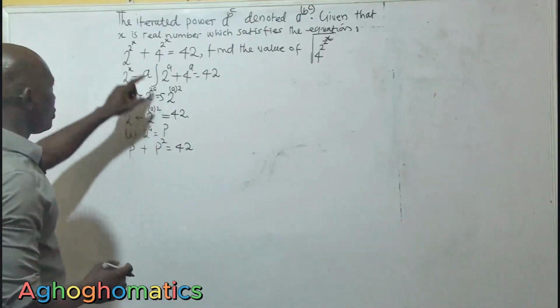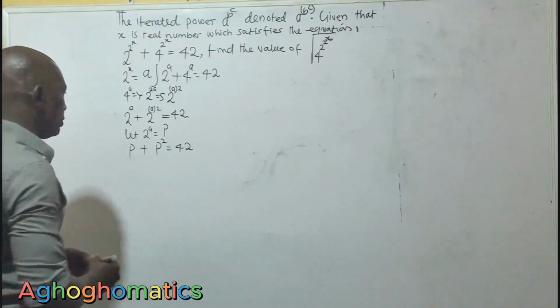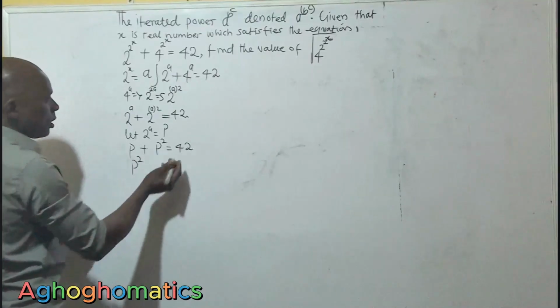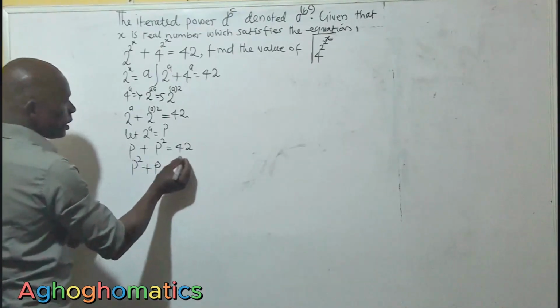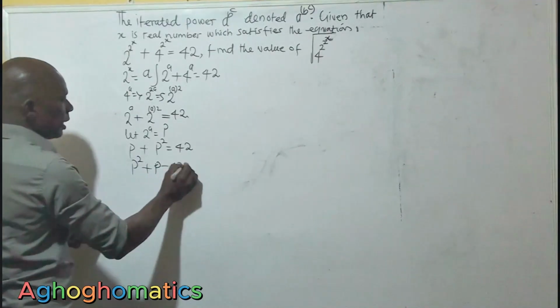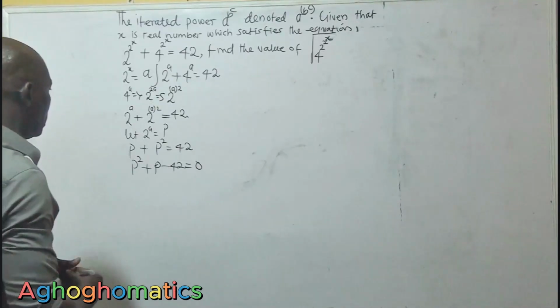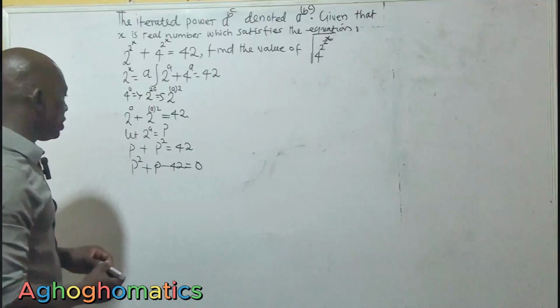You can see that we'll be able to transform this into a quadratic equation. So this becomes p square plus p. Then if we move 42 to this side, it becomes negative 42 equals 0. The next thing is to see how we now resolve this quadratic equation.